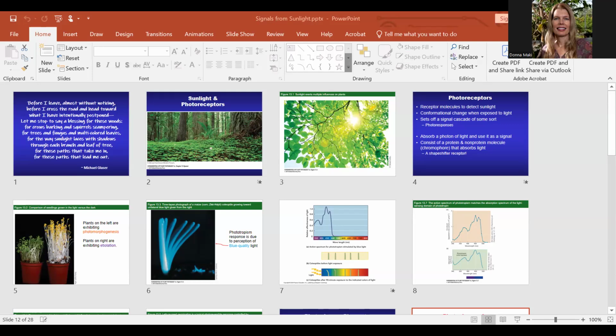And that helps get the signal transmission in the cell and tissues. And ultimately, it's usually down to the level of DNA, where you have to get some shift in the DNA, some gene expression going in order for the plant to respond appropriately to whatever it's dealing with in its environment.